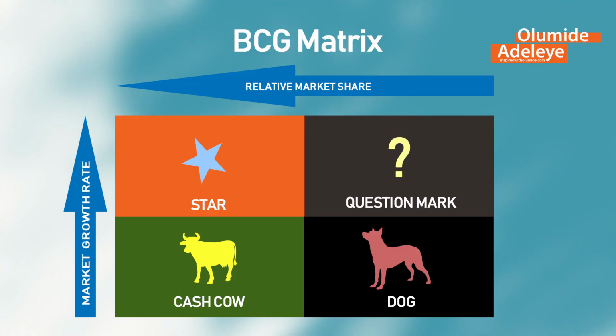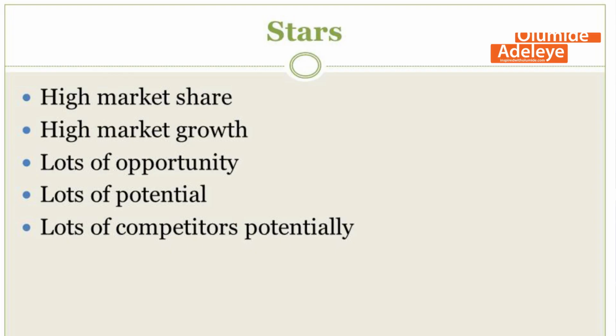And then the category that you want most of your products to be in is the category known as stars. What is a star? A star is something that is shining. It shines at night. Okay? So looking at the product now, it means that a star product is going to be one that is shining and the whole world can see, right?